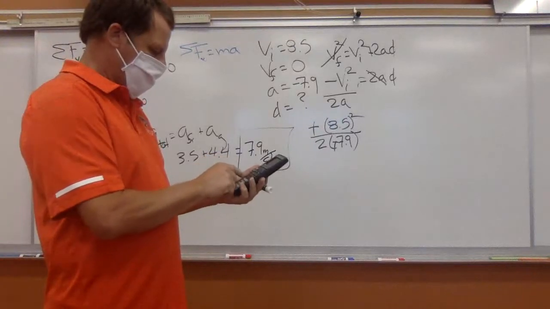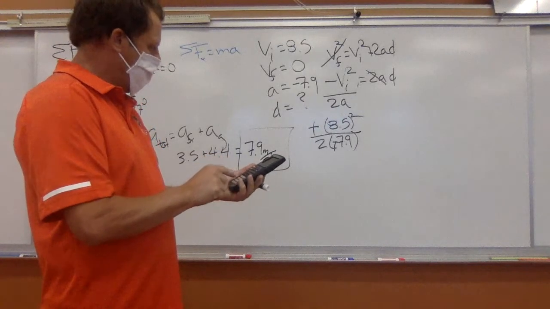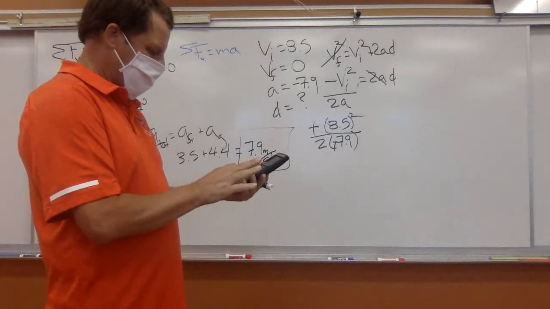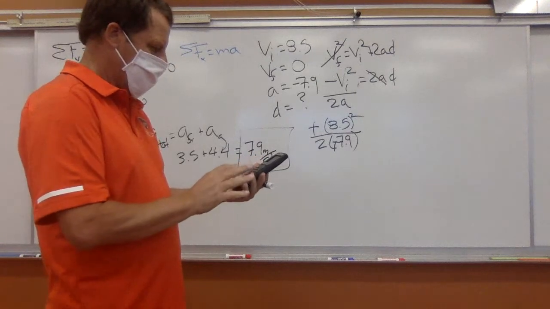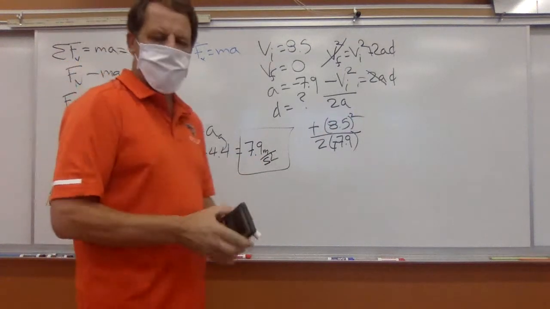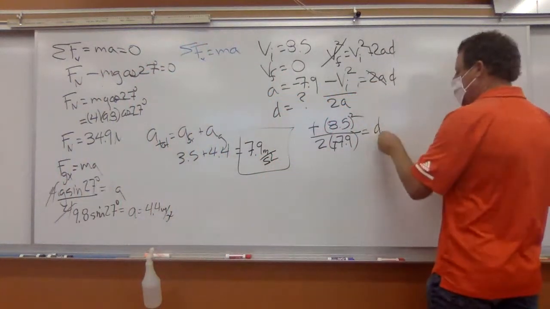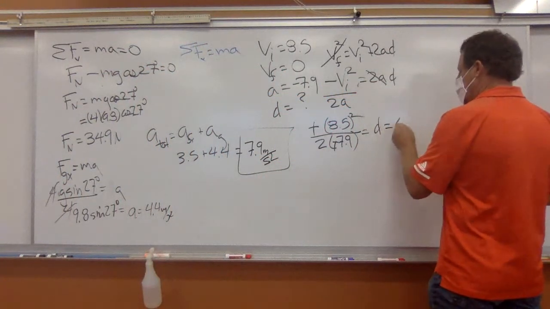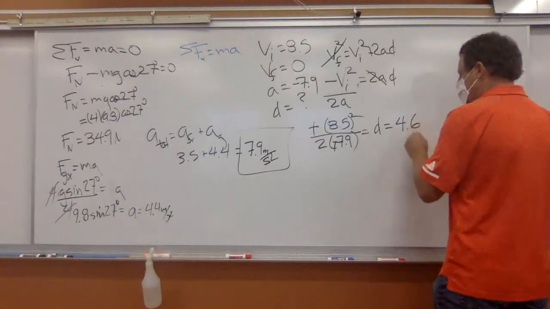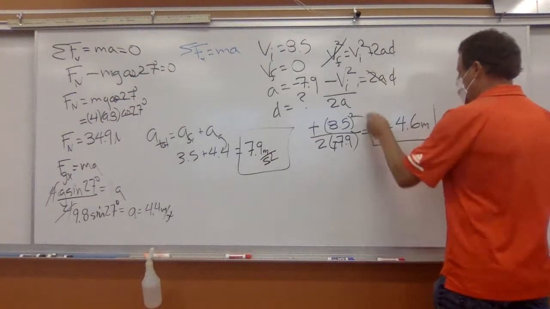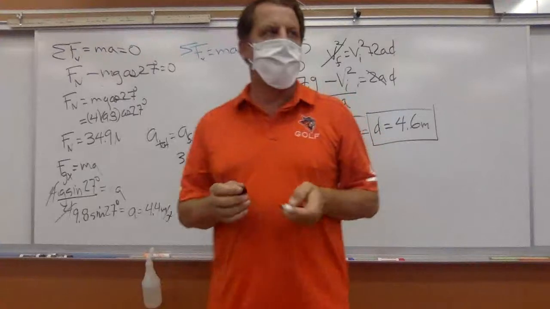8.5 squared divided by 2 divided by 7.9 is going to be 4.57. So our displacement, or our distance up the ramp, is 4.57.